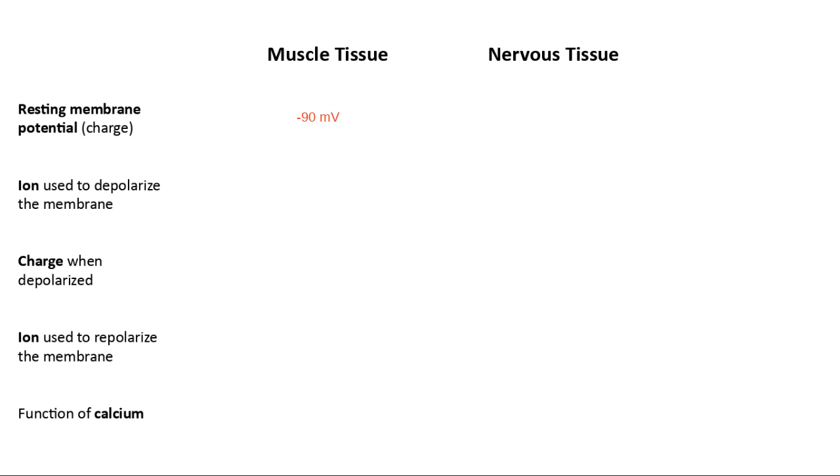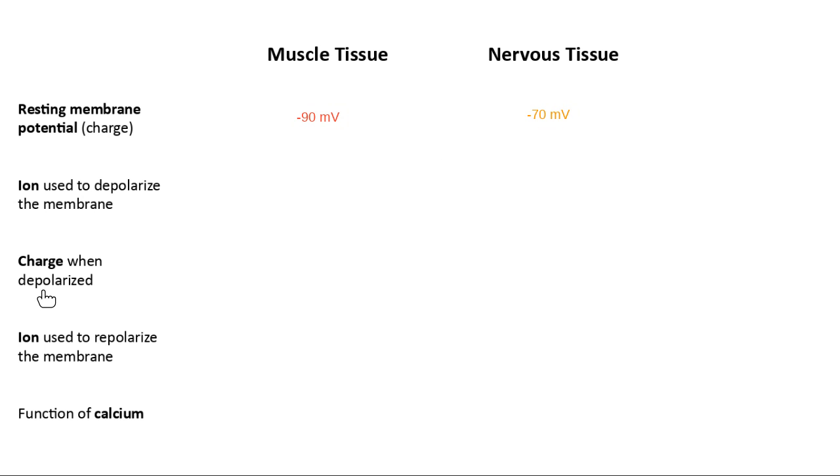What's the resting membrane potential on nervous tissue when a neuron's waiting to hear a message? Yeah, neurons, when they're waiting to hear a message, they're chilling out at -70. So neurons are a little bit less negative compared to muscle tissue. Make sure we know these two numbers. Muscle, -90, neurons, -70. And technically most cells in your body are at -70. But the two numbers I've got to know: -70 for nervous tissue, -90 for muscle tissue.